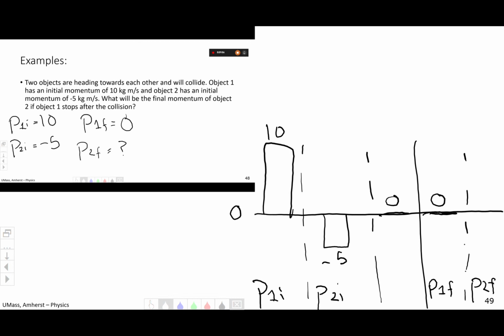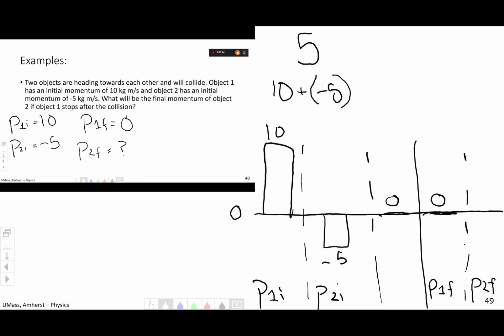Well, we look at the left-hand side, and we can see that we have some positive and some negative momentum. So if we add those together, it hopefully is relatively clear that some of that negative momentum is going to cancel some of that positive momentum. And that's absolutely true. So we can say that 10 plus negative 5 is a total of 5.